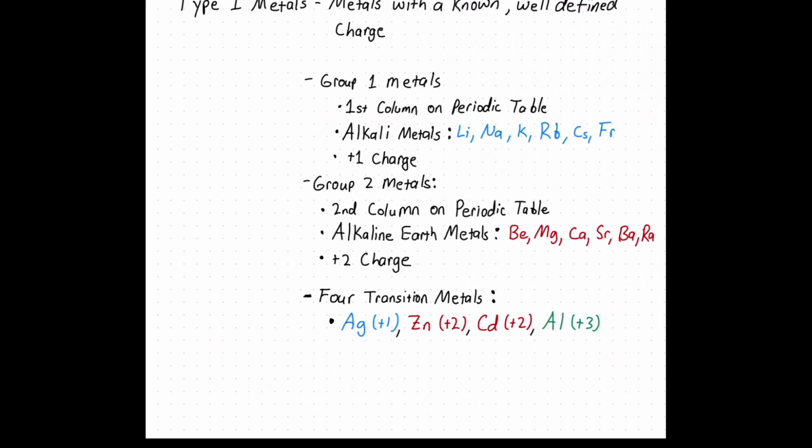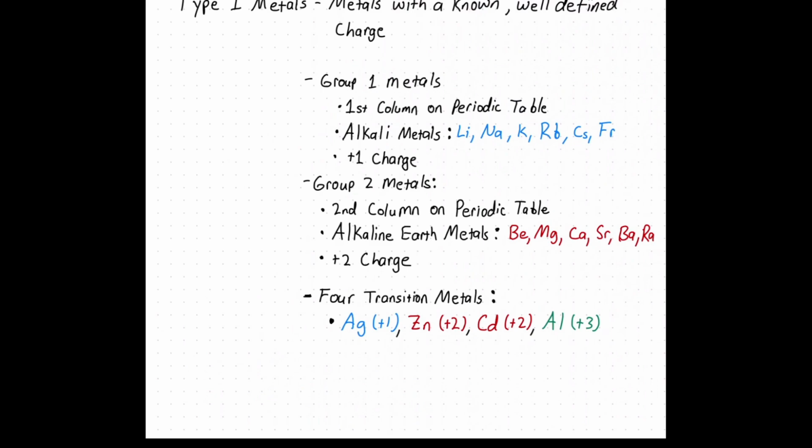And so when we go back to those 3 problems we did in the previous video, they all had magnesium in them, which is one of these type 1 metals. And so there's really not a lot of variability in how we can arrange magnesium and other elements. So there's only one way to do it, which means that when I say magnesium bromide, I mean MgBr2.